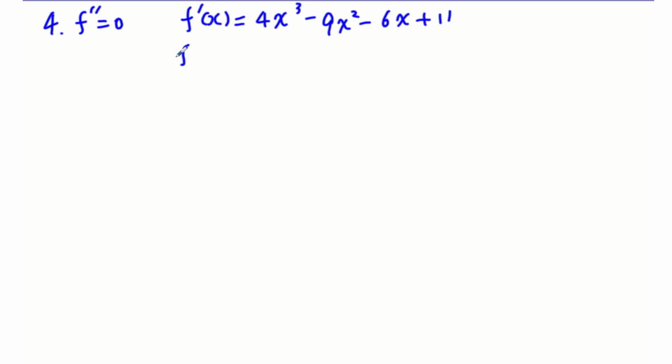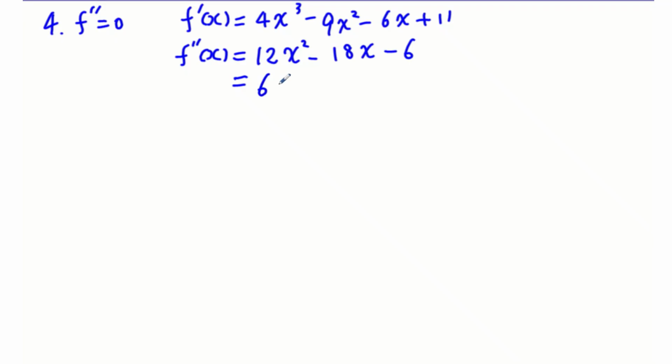Then double prime is the derivative of this one again, degree to the front, degree minus 1. So 4 times 3 is 12 x squared, 9 times 2 is 18 x, minus 6. Then we factor this one in order to find the zeros again.